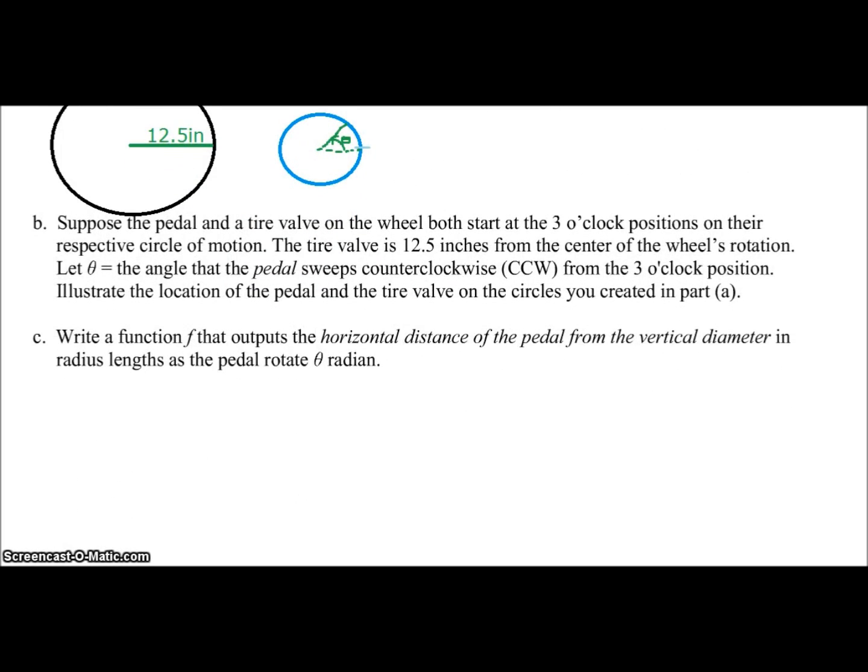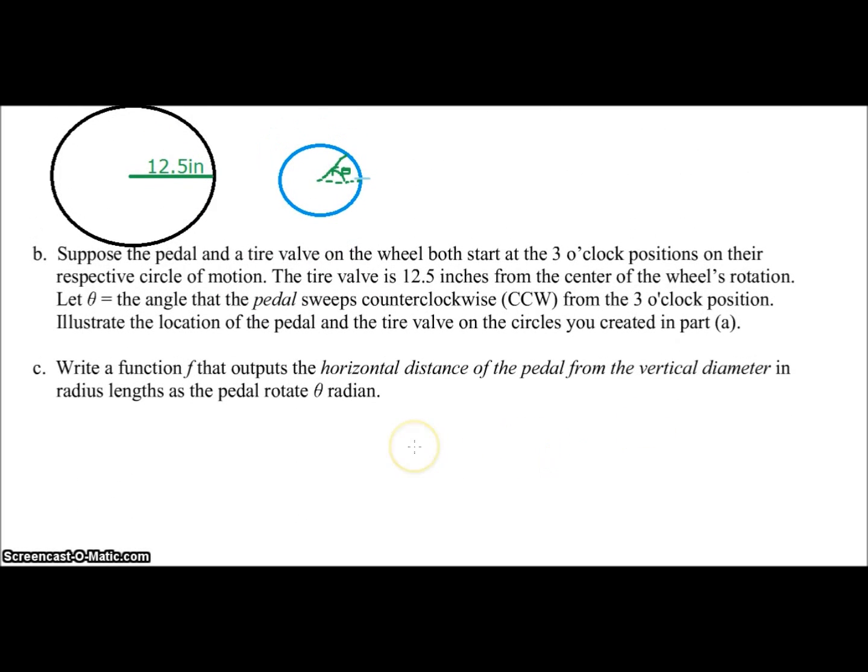Write a function f that outputs the horizontal distance of the pedal from the vertical diameter in radius lengths as the pedal rotates theta radians. So recall that the function that gives the horizontal distance is the cosine function. My first guess is that we just need f of theta equals cosine of theta.